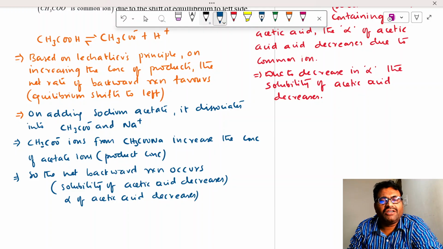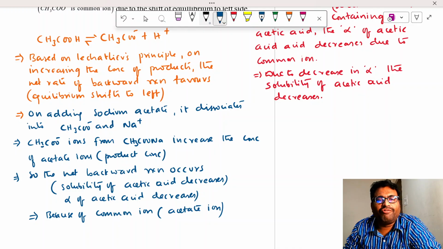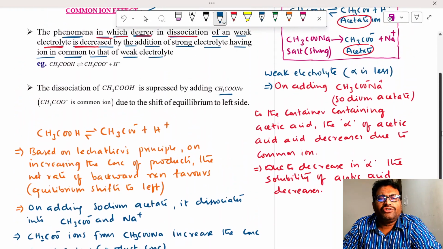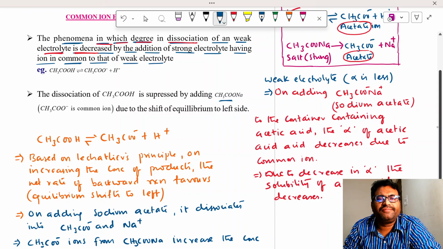This is what the common ion effect is. The net backward reaction occurs, and this is all because of the common ion. What is that common ion? Acetate ion. Understood? So this common ion effect can be explained by using Le Chatelier's principle.